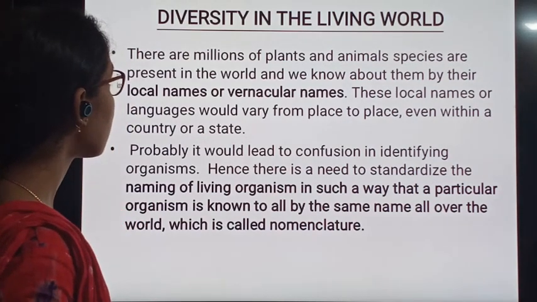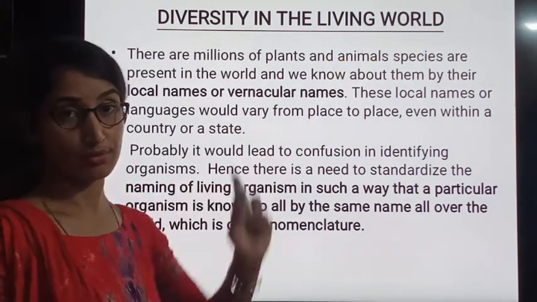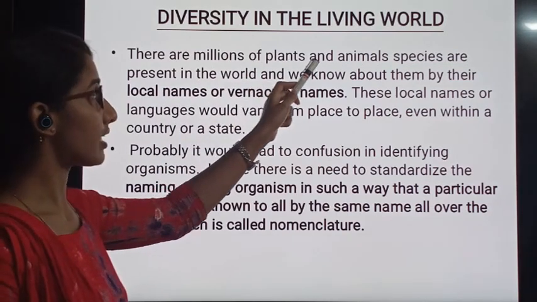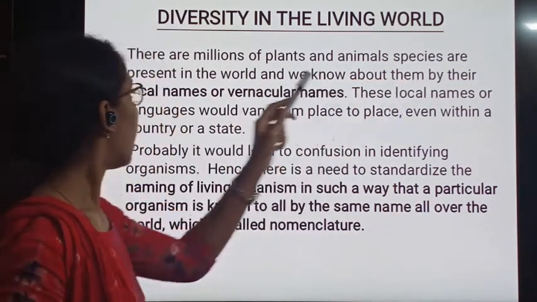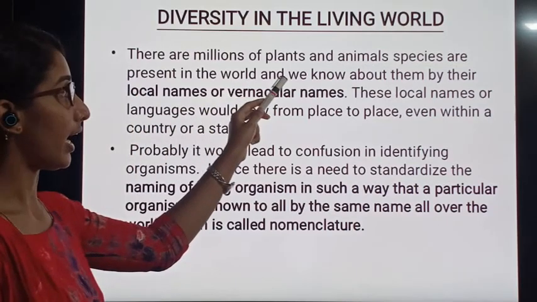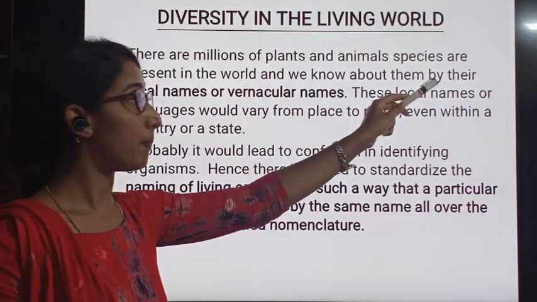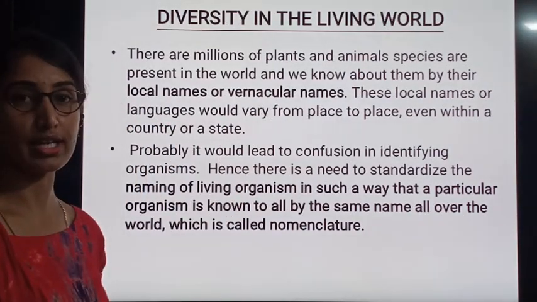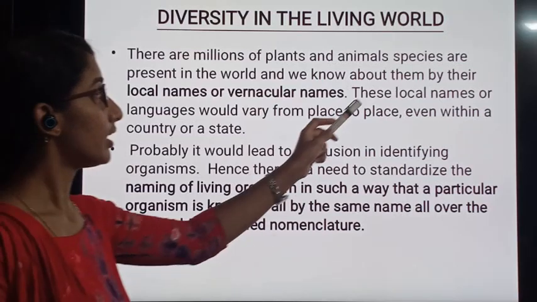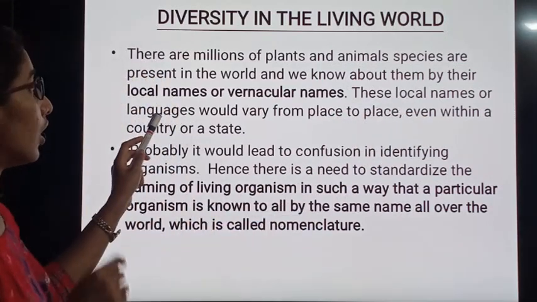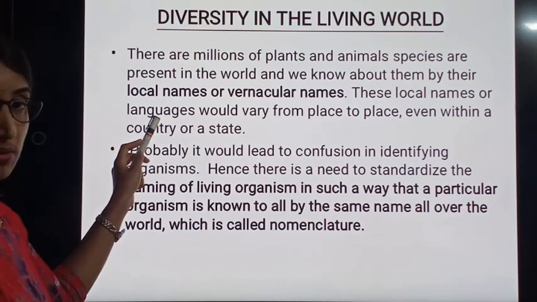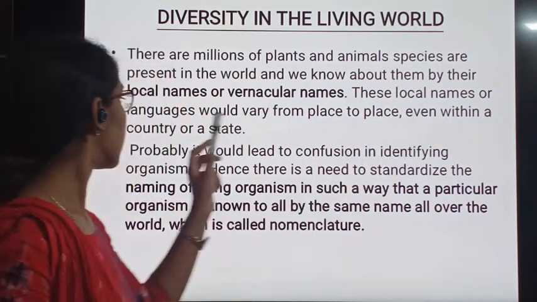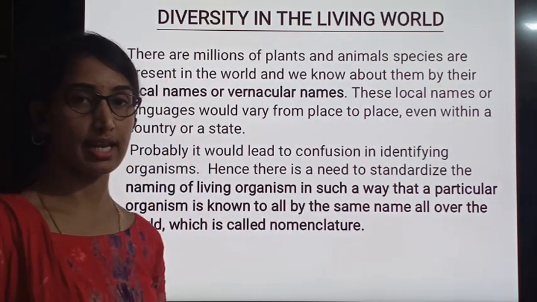Next we shall see about diversity in the living world. There are millions of plant and animal species present in the world, and we know about them by their local names, which can also be called vernacular names. These local names or languages would vary from place to place, even within a country or within a state.